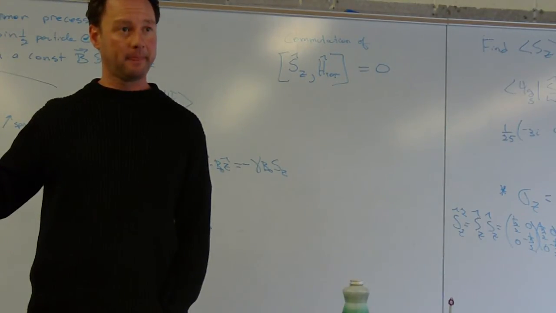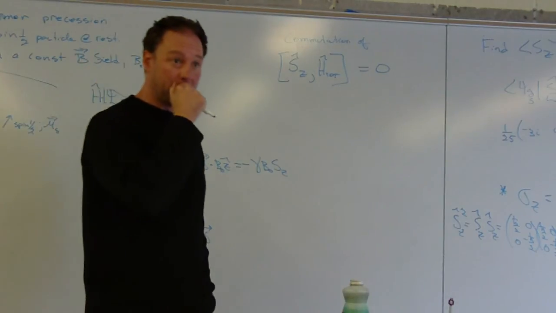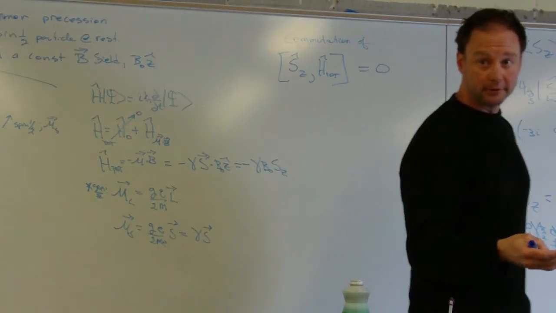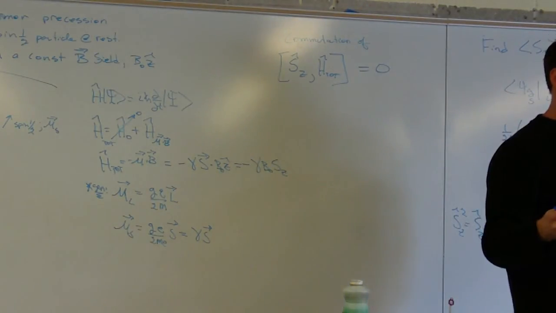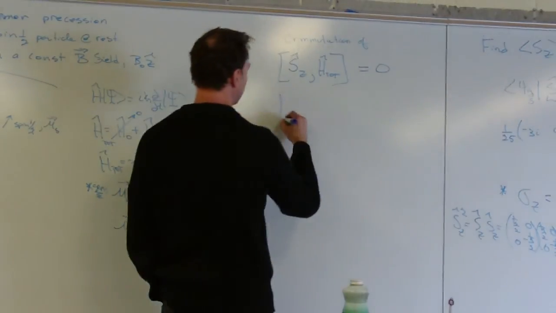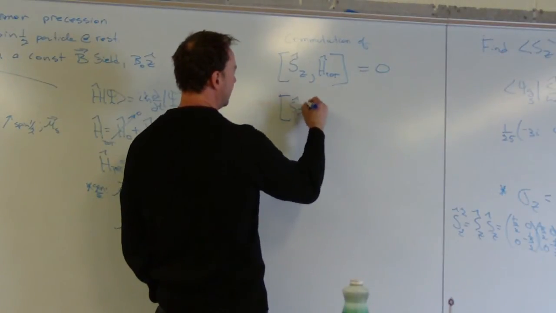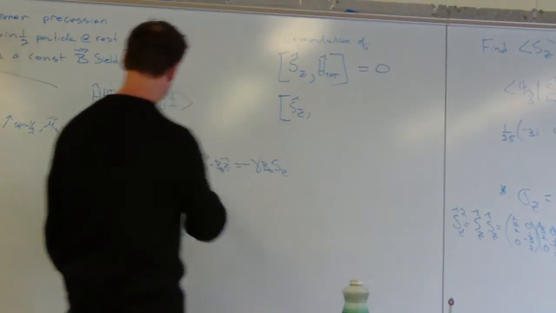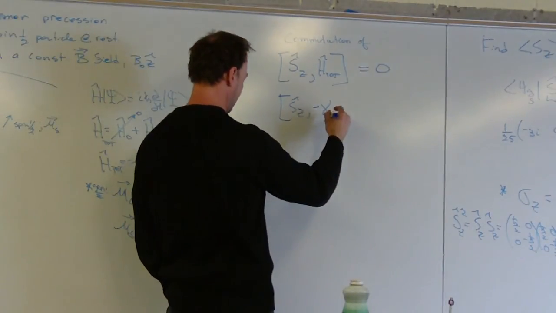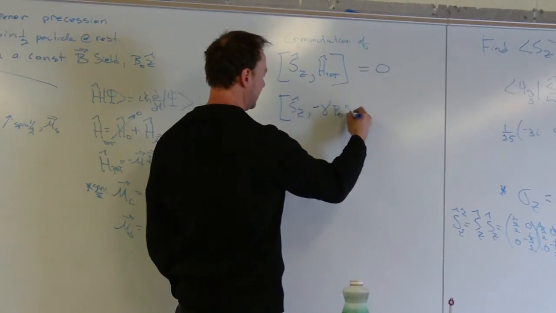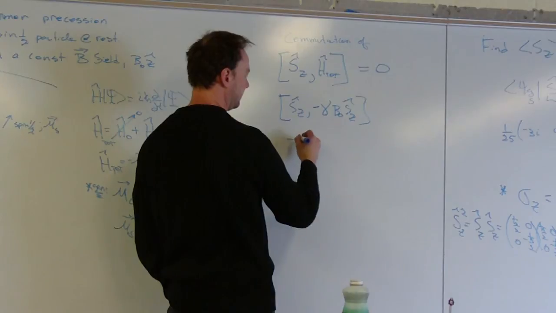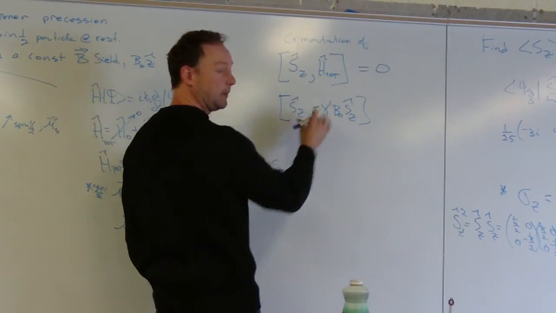So the big kicker with this problem, and Griffiths goes through and kind of does it all nonchalantly. So I'm kind of doing it very explicitly here. So let's check. What we have is S_z, and then the total Hamiltonian that we found is minus gamma B0 S_z. And you can pull out these constants, so the constants don't matter.